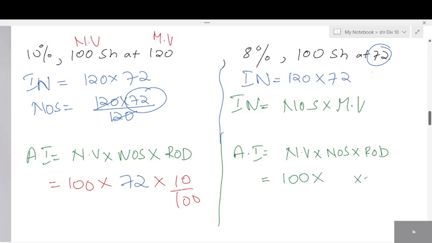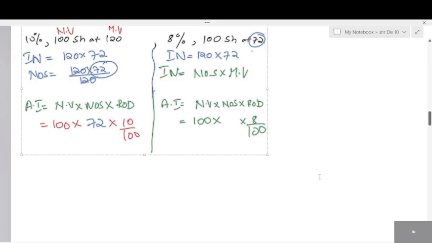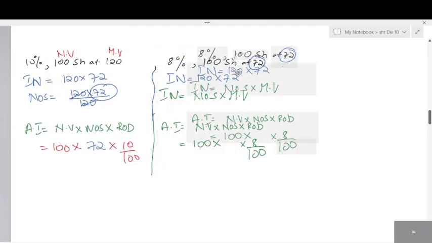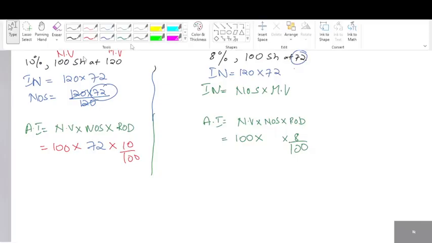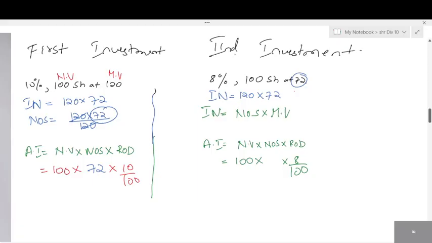Find number of shares. You can write one beside the other or one below the other, students.